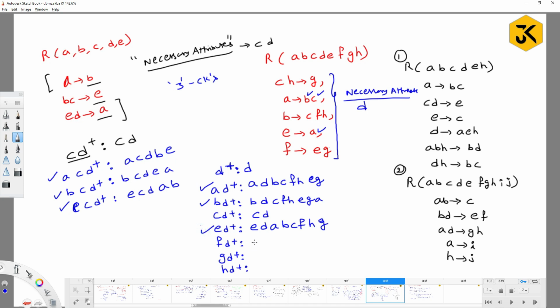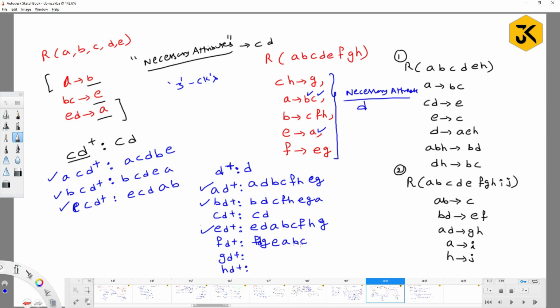Next, try to find the FD closure. FD. From F you will get EG, G already there. From E you can get A. From A you can get BC. Let me write initially FD itself.